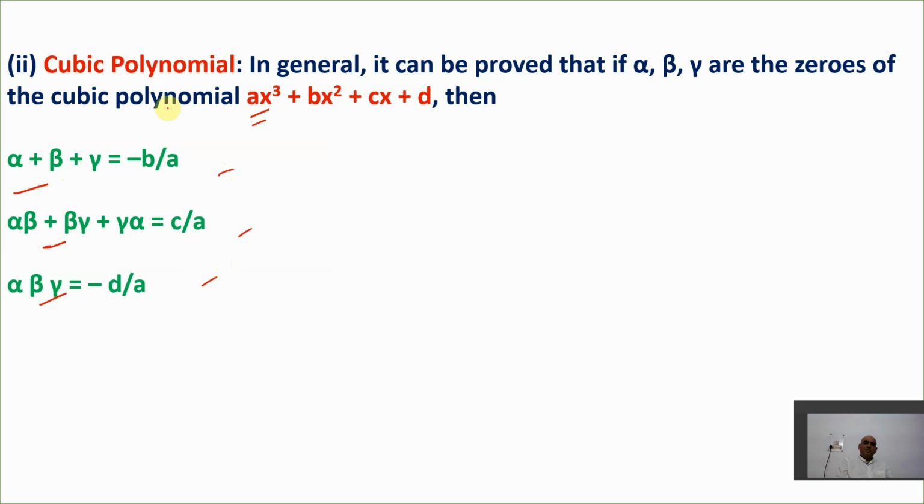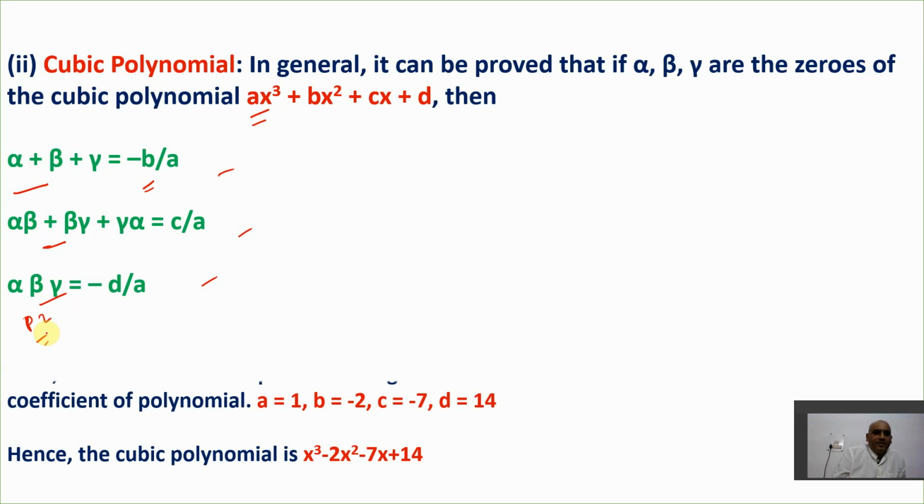So we have 3 roots, 3 zeros, 3 degrees. So alpha plus beta plus gamma is equal to minus b by a. Alpha beta plus beta gamma plus gamma alpha is equal to c by a, and alpha beta gamma is called the product of roots, right? Product of zeros, you can say product of zeros or product of roots, no issues for that, right?